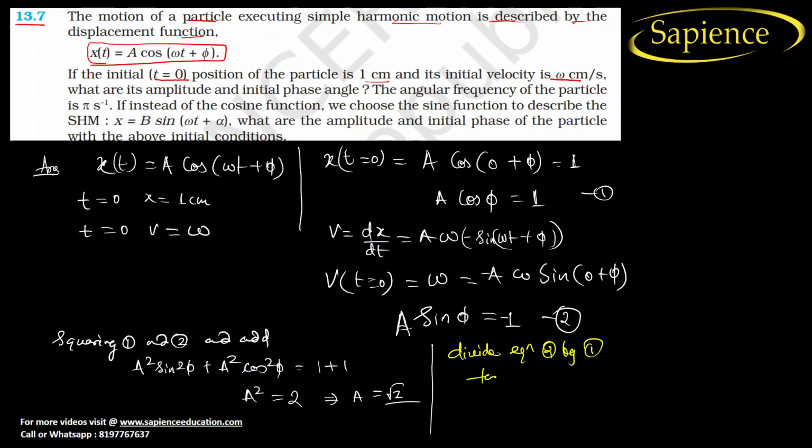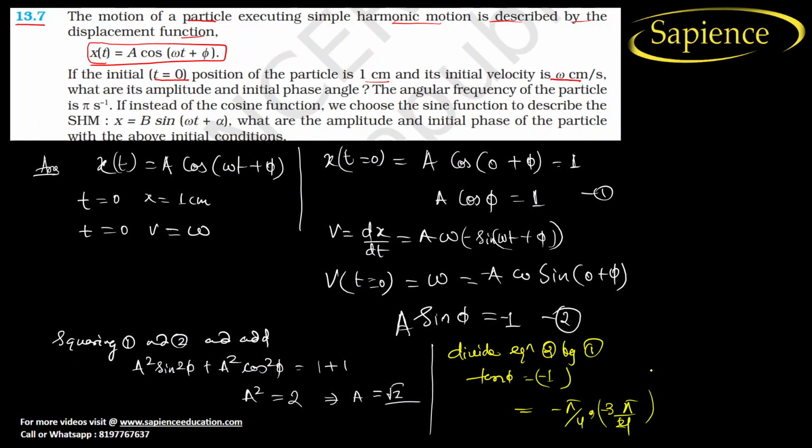We will get tan phi is equal to minus 1. This will be only possible when the value is minus pi by 4 or 3 pi by 4, or minus 3 pi by 4.